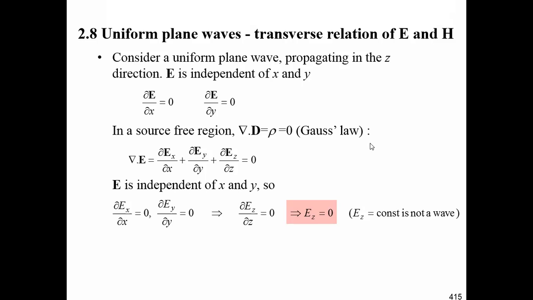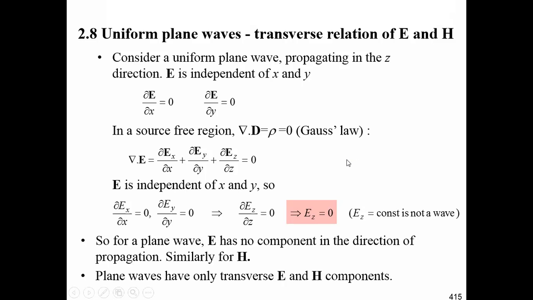Very, very important. The questions are being asked, so be careful. If you doubt, you ask me. So that's what the conclusion has been given. That's what I also said, the same thing. He has no component in the direction of propagation. See very carefully, third time I'm repeating this statement: it can never be possible for the E or H to have a component in the direction of propagation.